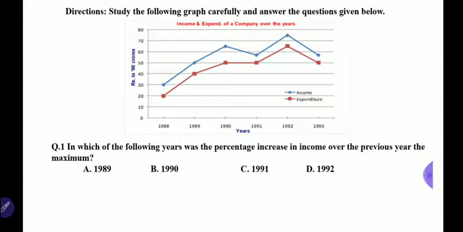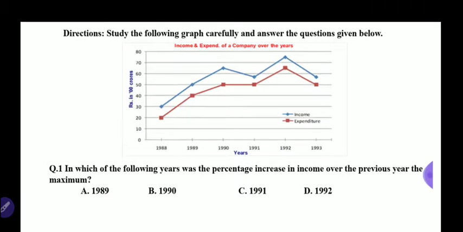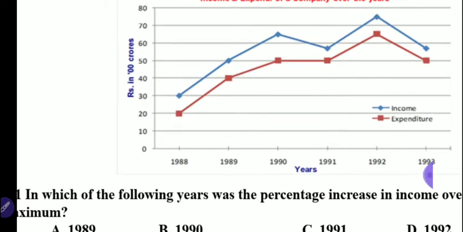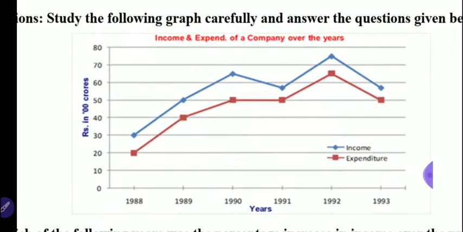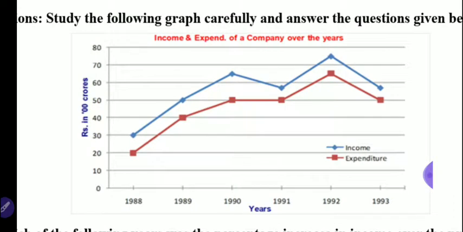If you observe this, on the x-axis the years are given from 1988 to 1993, and on the y-axis it is given as rupees in 100 crores. So that means 0 to 10, 10 to 20, 20 to 30, up to 80, that is from 0 crore to 80,100 crore.